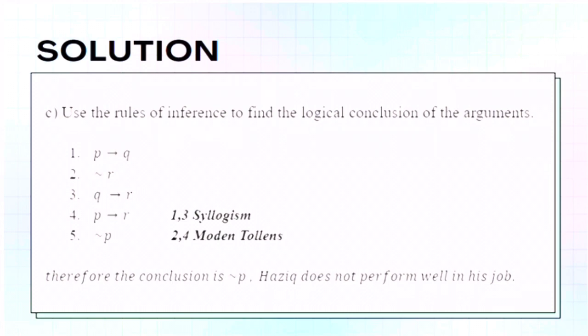After we have cut all the statements down to one single statement, number 5, we can conclude it. Therefore the conclusion is not P: Haziq does not perform well in his job. So this is the solution for question C.